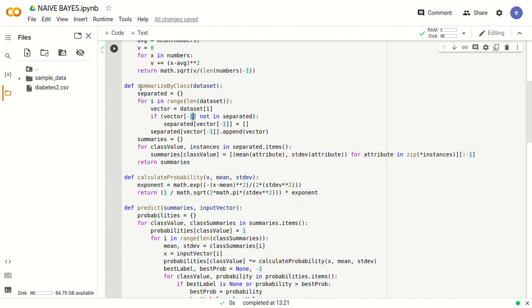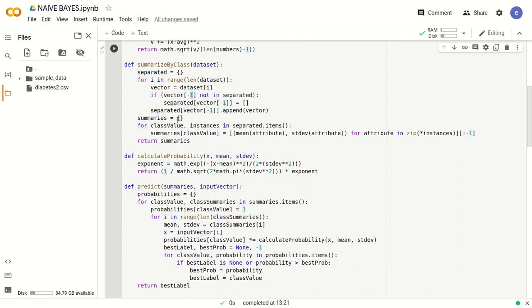Now, the function is aimed at doing the summary, that is summarize. So again we are creating an empty summaries dictionary. As I said, separated is a dictionary, and separated.items will contain one item for class label 0 and one item for class label 1.